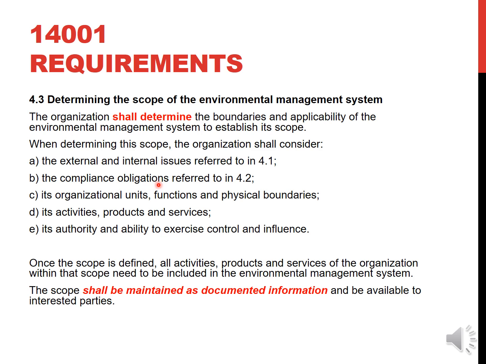What are the compliance obligations? What are the organizational units, functions, and physical boundaries? This is generally where the scope is set within the physical boundaries of an operating unit. The activities, products, and services of an organization, although you could delimit the scope if you wanted to a particular set of activities.